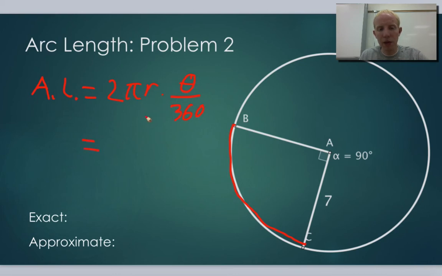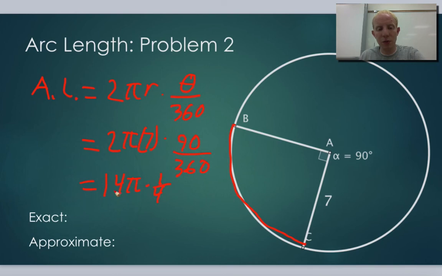And so we just plug in what we know. The radius is equal to 7 in this case, and the angle is equal to 90. If we simplify that out, we have 2 times 7, which is 14 pi, times 90 over 360. If you simplify that out, you get 1 over 4.